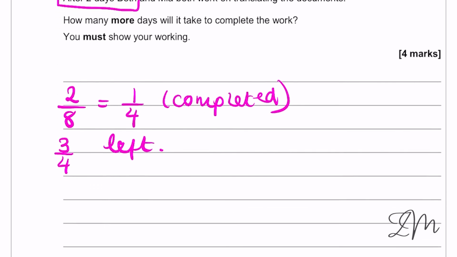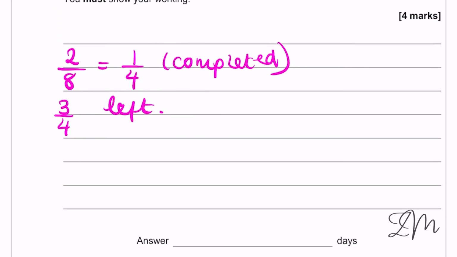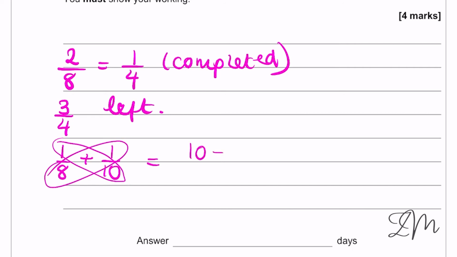Okay, so if we think about it, every day Beth completes 1/8 and Mia completes 1/10. So if we add those up, let's use a butterfly, we've got 10 plus 8 over 80. So that gives us 18 over 80, which is the same as 9 over 40.